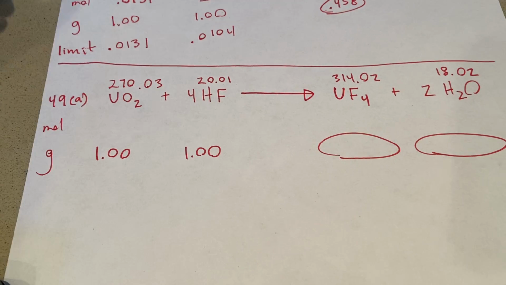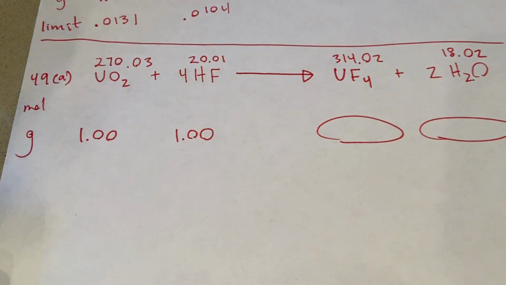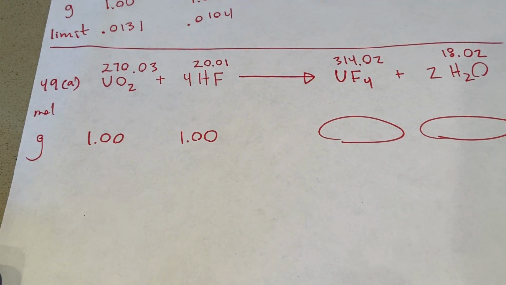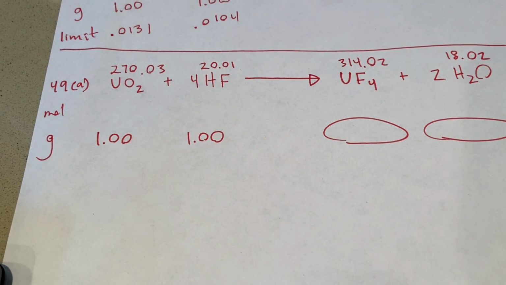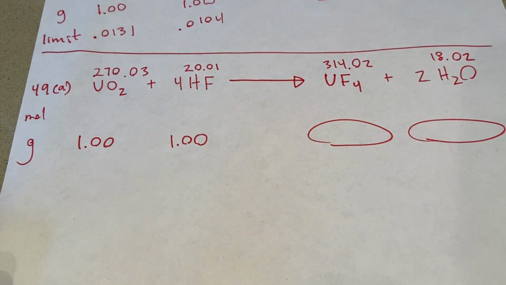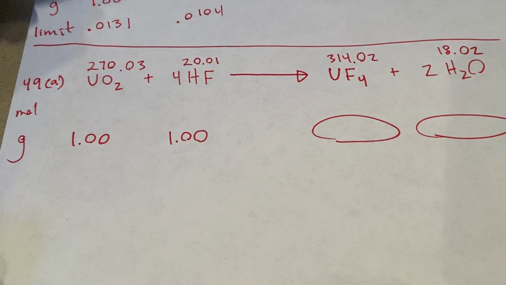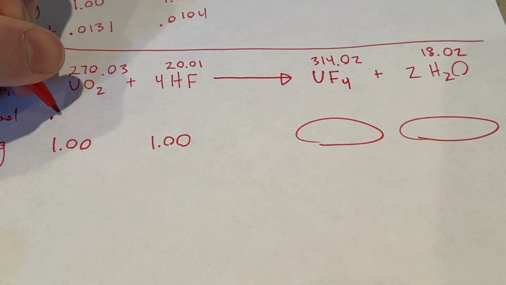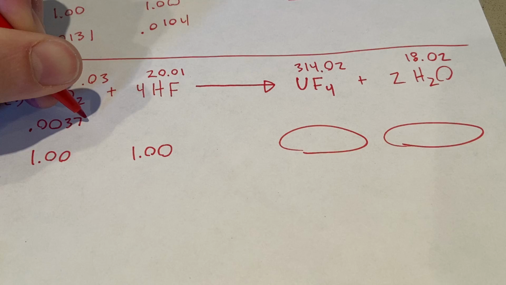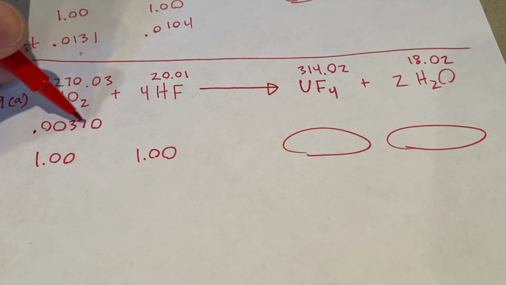So now, what I would do here is, again, we have to go to moles first. So I would take the 1 and I would divide by 270.03, which is the molar mass of UO2. Uranium is just so heavy. And it ends up being 0.00370. Again, 3 sig figs I'm trying to keep here.